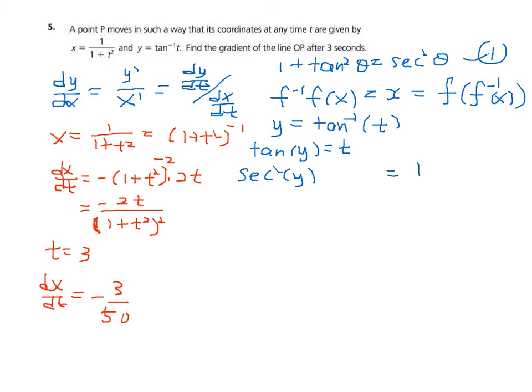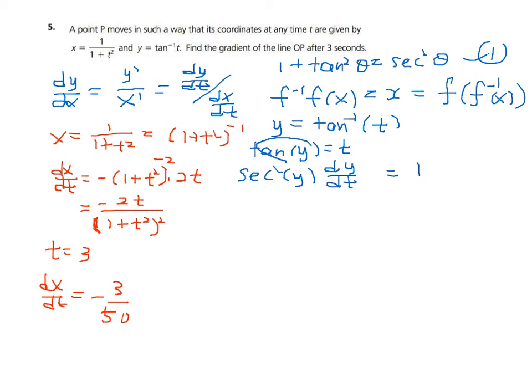Now why I'm leaving a space right here is because this is actually an implicit function. So when you derive this with respect to time, I would have to add dy/dt at the end.